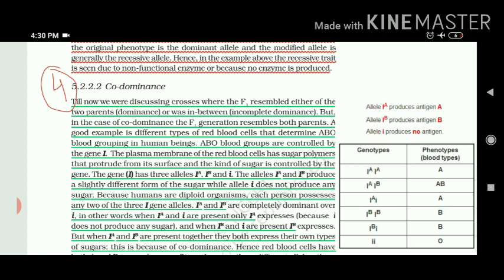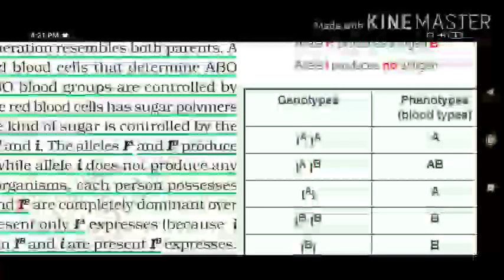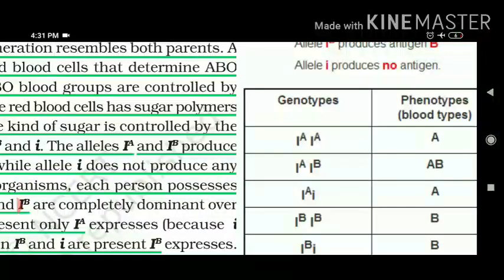It is also known as multiple allelism. Note this down: the showing of blood groups in humans, because we have 4 different blood groups controlled by only 3 alleles. This is called multiple allelism because different alleles control the blood groups.